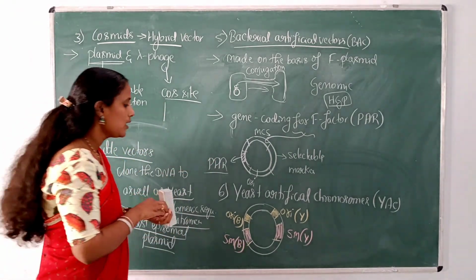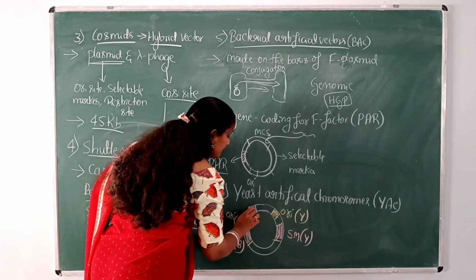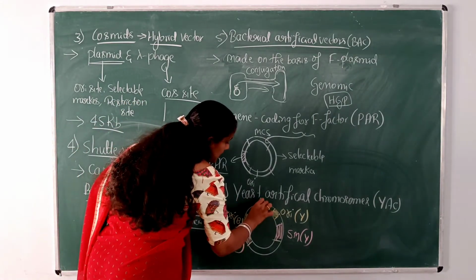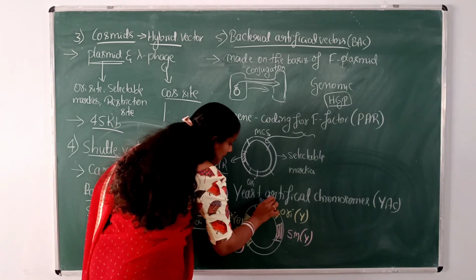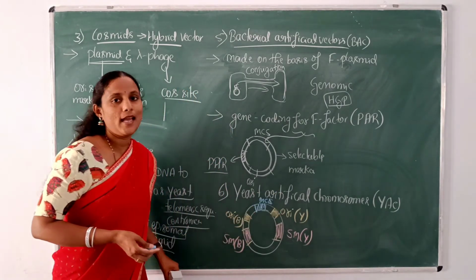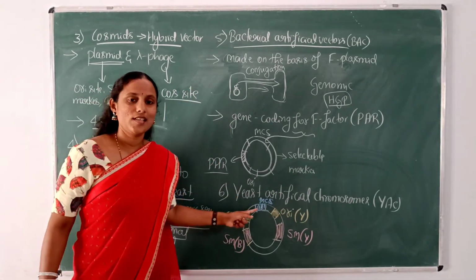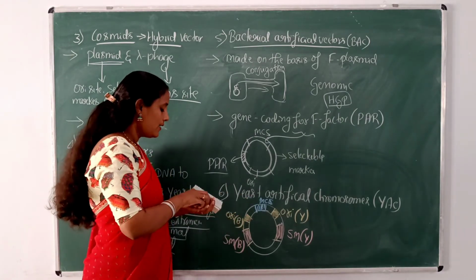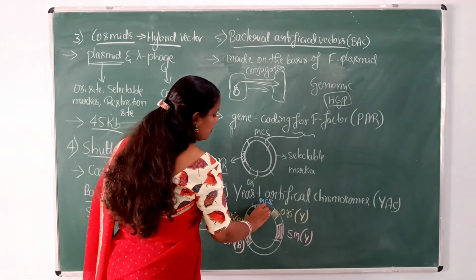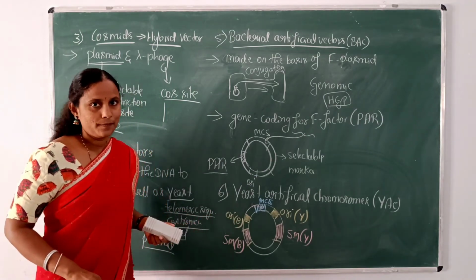And of course, the multiple cloning sites are present, and this is common for both bacteria as well as yeast. For any restriction enzyme, they act here, and the gene of your interest will be cloned here, and it will be transformed.